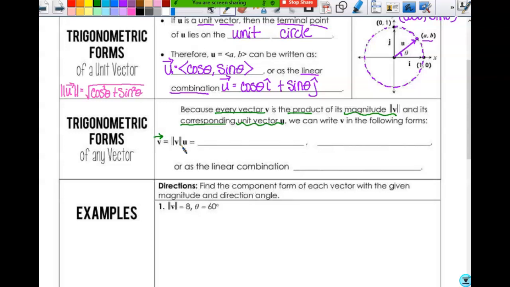So that means my unit vector I can write like this. So it's also the magnitude of v times ⟨cosine theta, sine theta⟩ in component form. I can distribute this, so this is like multiplying by a scalar. So I can make this into ⟨the magnitude of v times cosine theta, the magnitude of v times sine theta⟩.